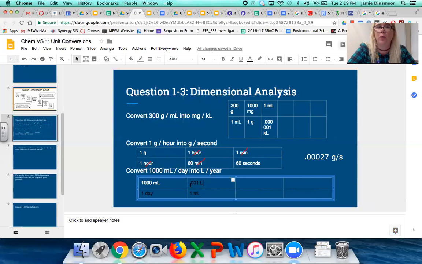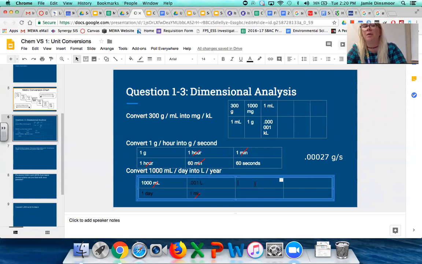Okay, so we know 0.001 liters are in 1 milliliter. Well, that will help us cancel out milliliters, right? And now we're in liters. That's great. That's where we want to be. And then we also want to be in years. So what do we know about the relationship between days and years? How many days are in a year? 365.